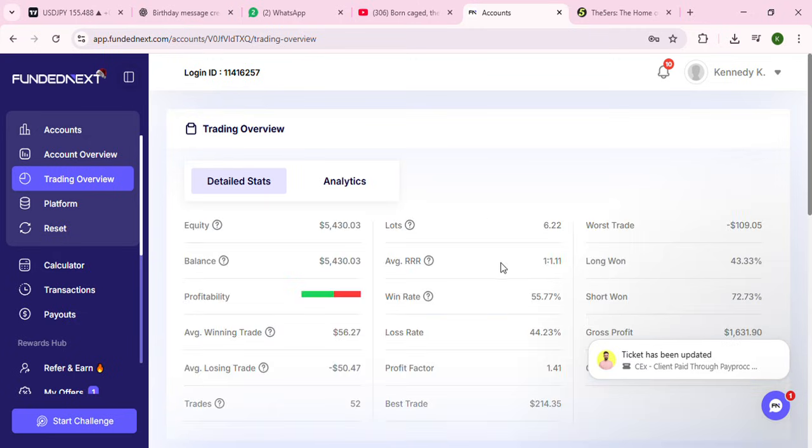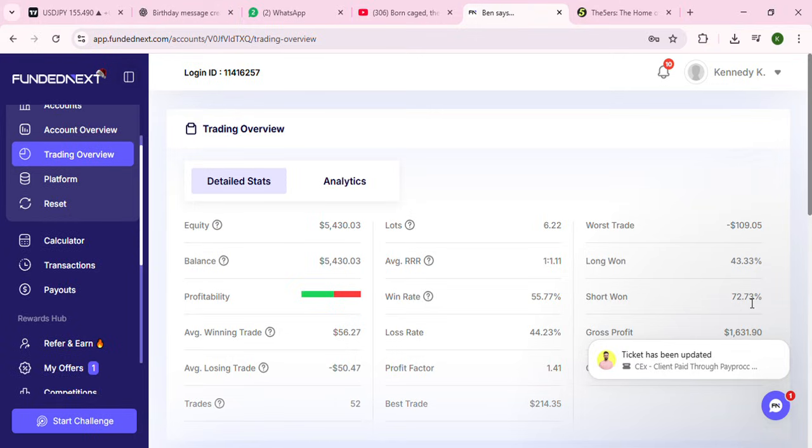So coming to this, you can see longs won in these trades was 43.33%, shorts 72.7%, gross profit 1631. Average RR 1 to 1.11.